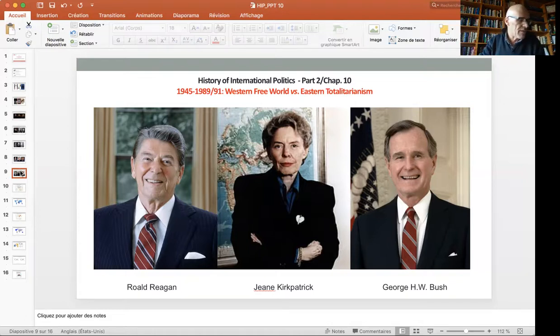"Absolutism, the power of which is waning," an allusion to the autocratic empires of Germany and Austria-Hungary that were about to be defeated in World War I. "Absolutism, the power of which is waning, and Bolshevism, the power of which is growing." So ever since 1918, America considered that it was its duty to fight against Bolshevism or communism or the Soviet Union in order first to protect and, if possible, to diffuse liberal and democratic values.